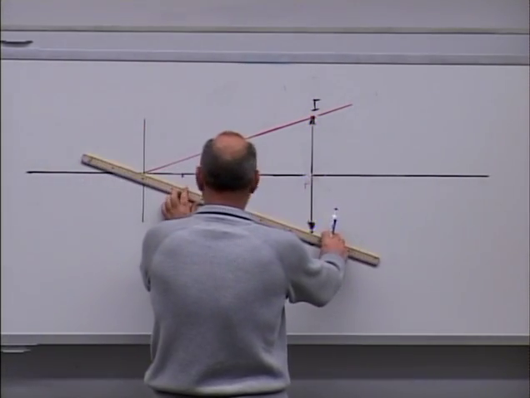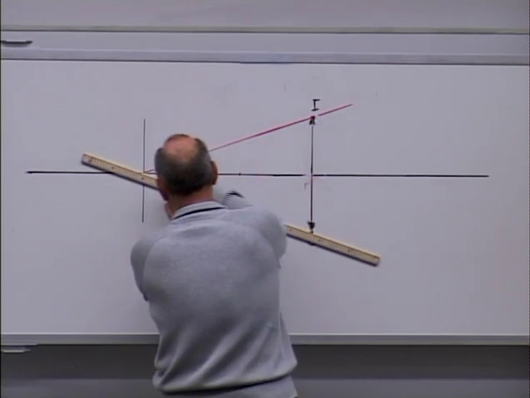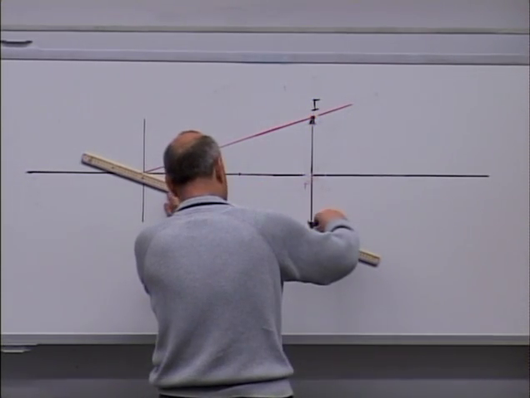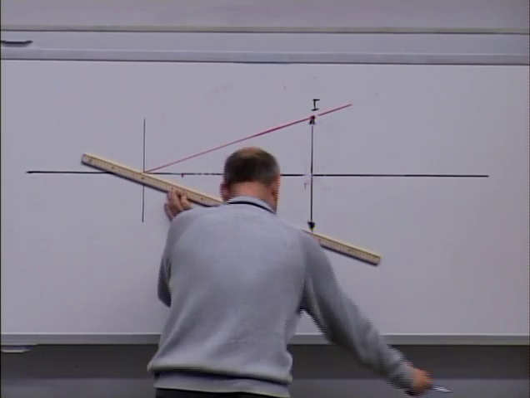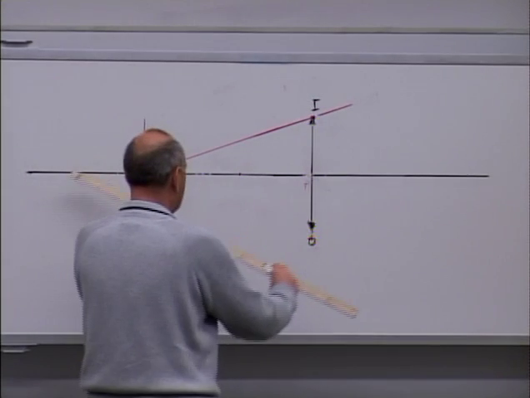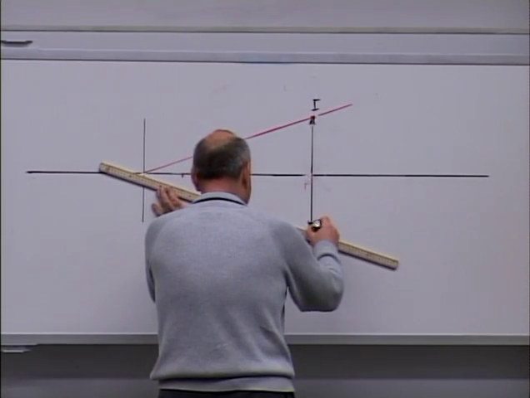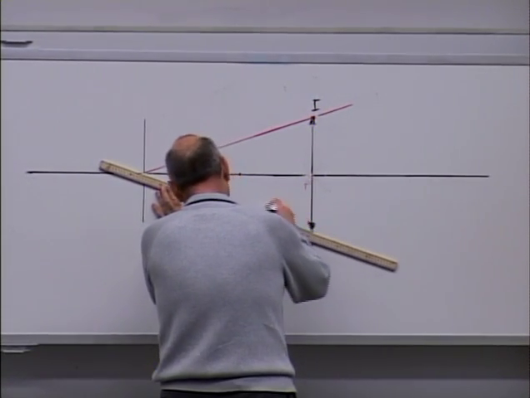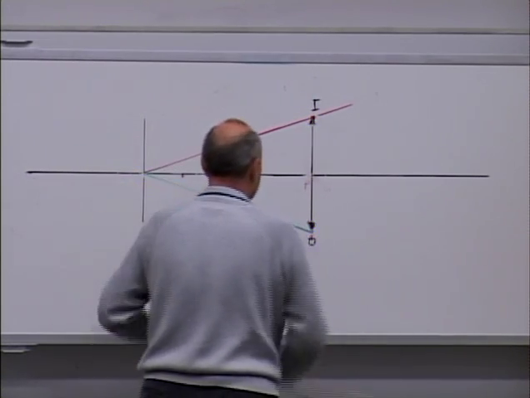Object chief ray should be traced this way. I'm switching from blue to green. So object rays are green.